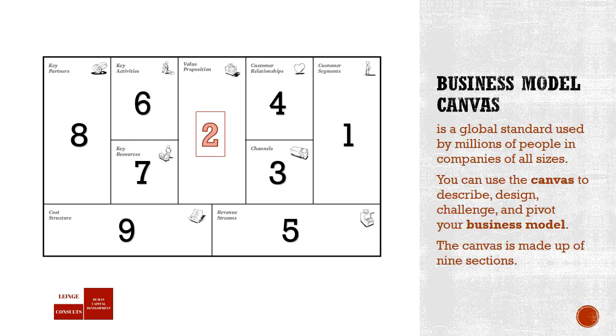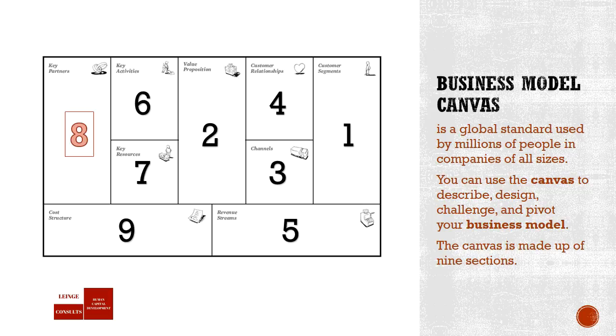Now, some people will tell you that you should start with the value proposition. In fact, up until late last year, I've always been teaching the business canvas starting with the value proposition, number 1. But then I now see more reasons why you should actually start with the customer segment. One of my colleagues called me the other day and said, you can start the canvas with number 8, the key partners, if you can identify what partners and then this and that.